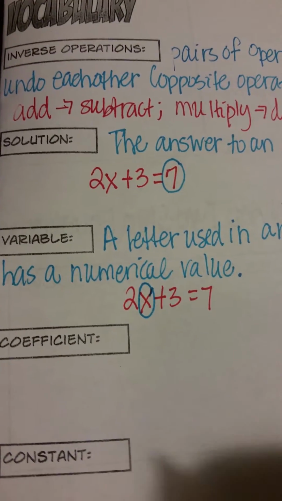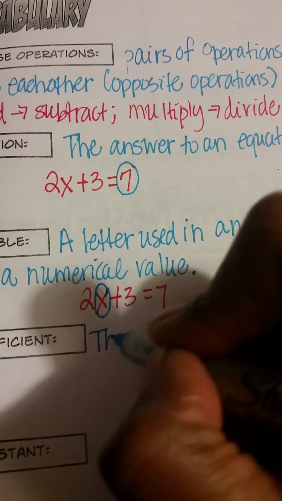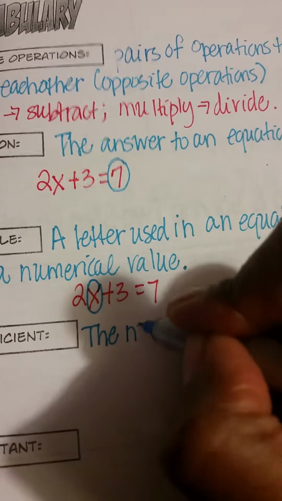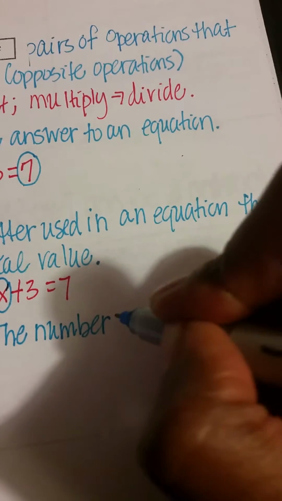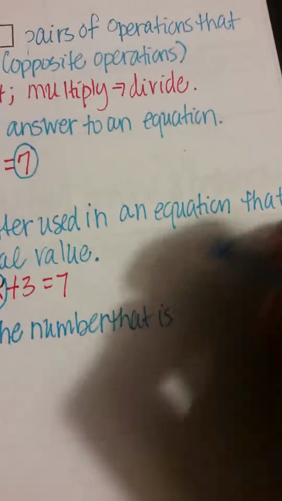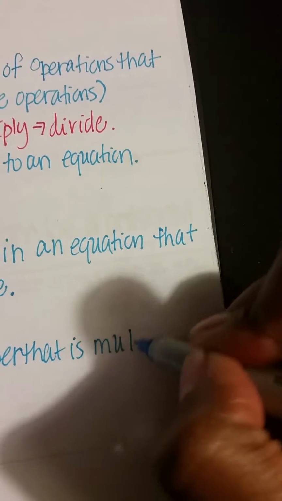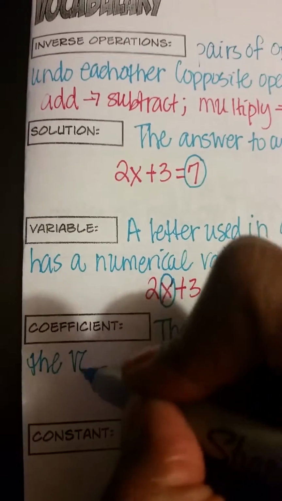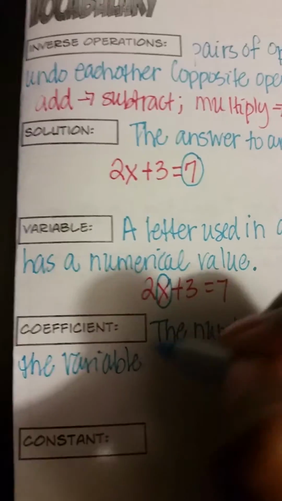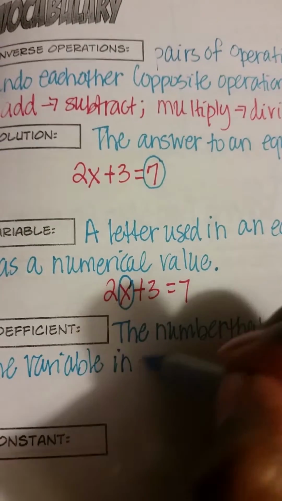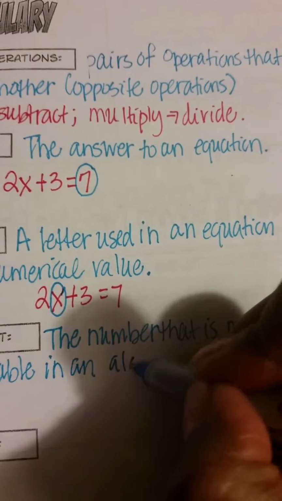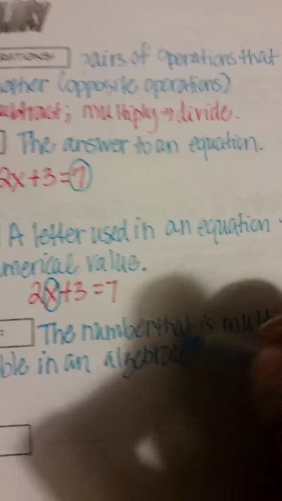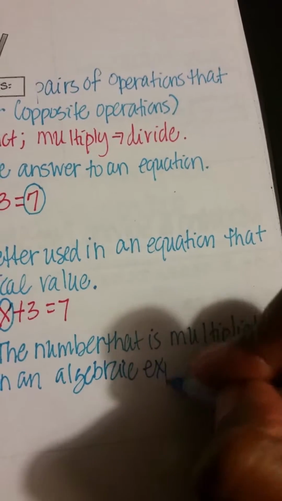Okay, the coefficient. The coefficient is the number that is multiplied by the variable in an algebraic expression.